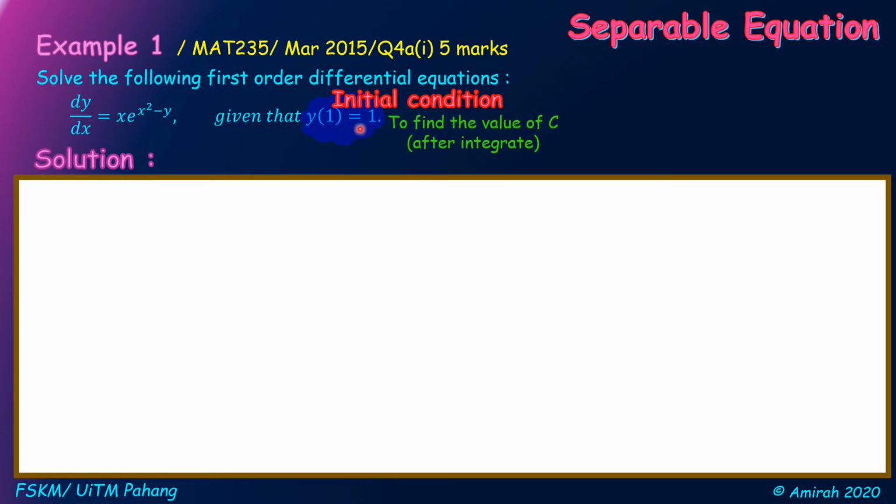When the initial condition is given, we need to find the value of c after we integrate. Solve here means we need to make this equation free from dy over dx symbol, which means we need to integrate.